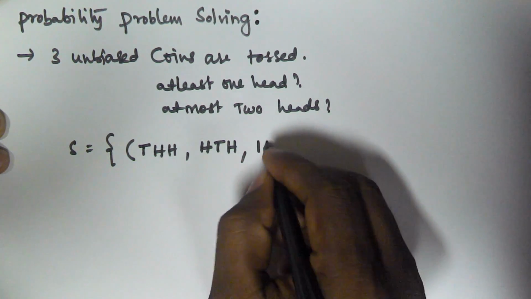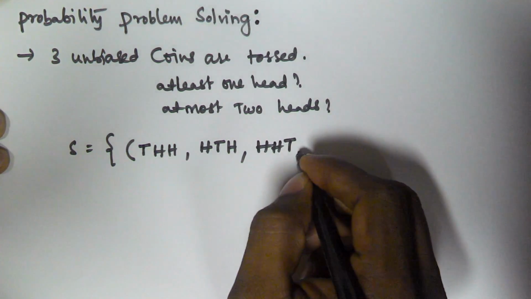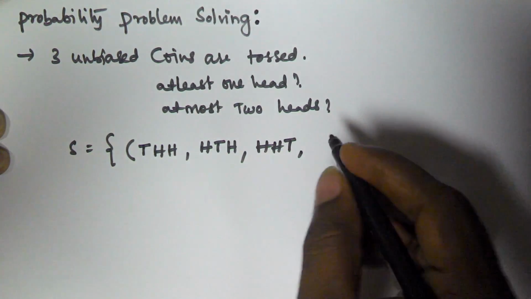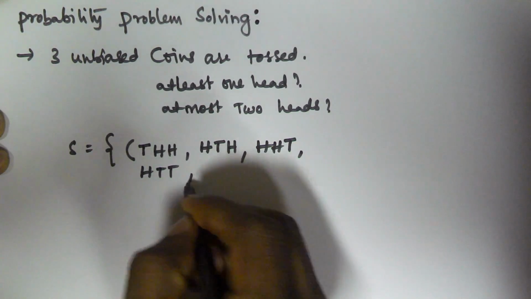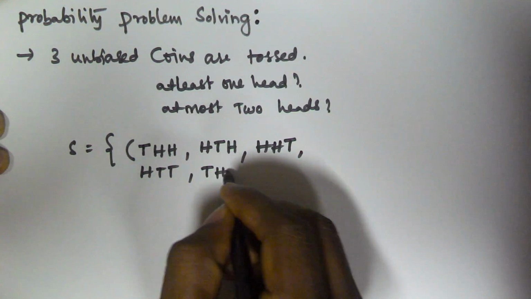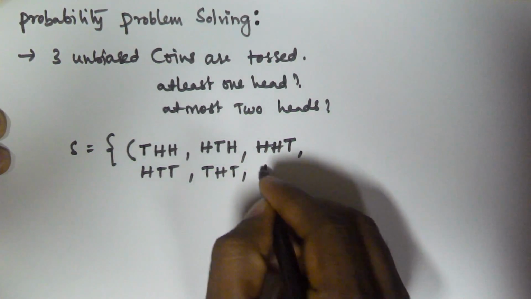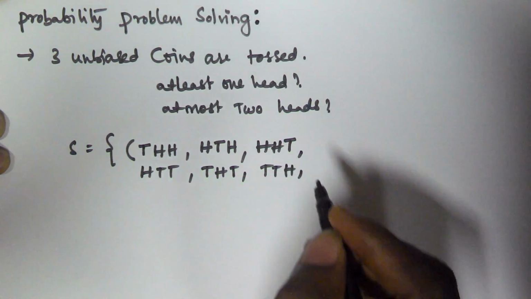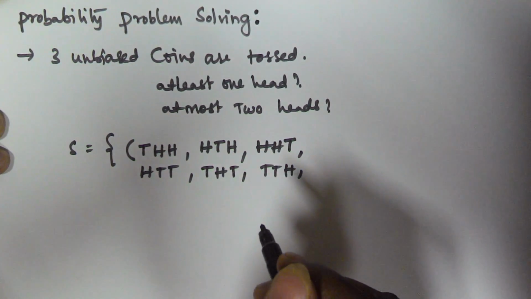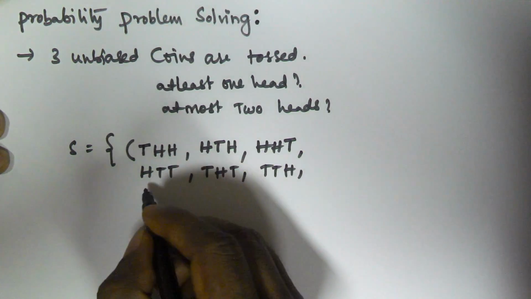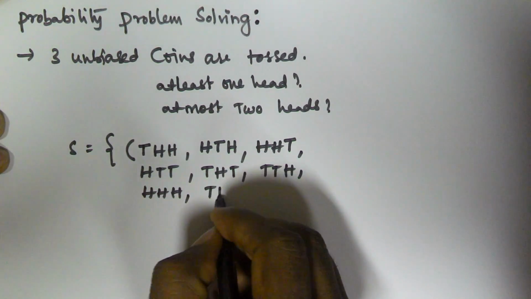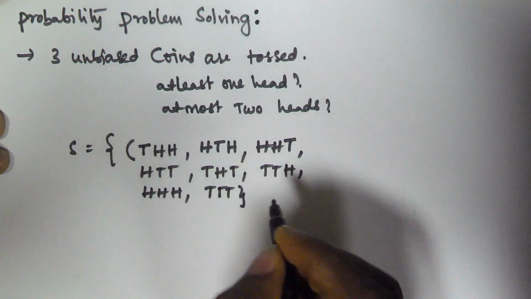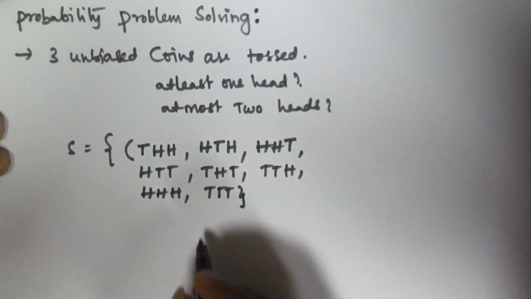So it is going to be head, head, tail, then tail, head, tail, tail, tail, head, and otherwise three heads, or three tails. So this is the sample space.